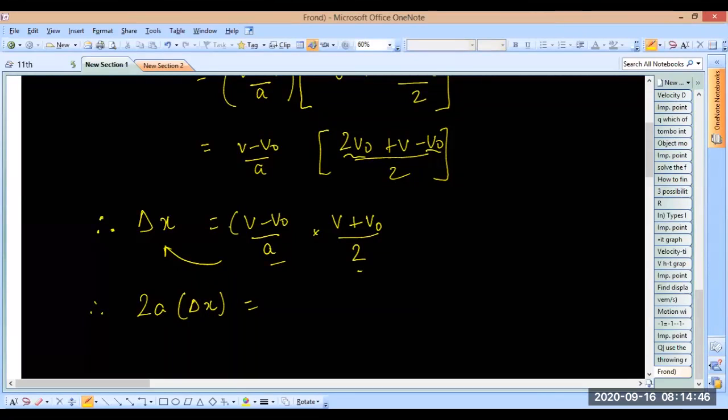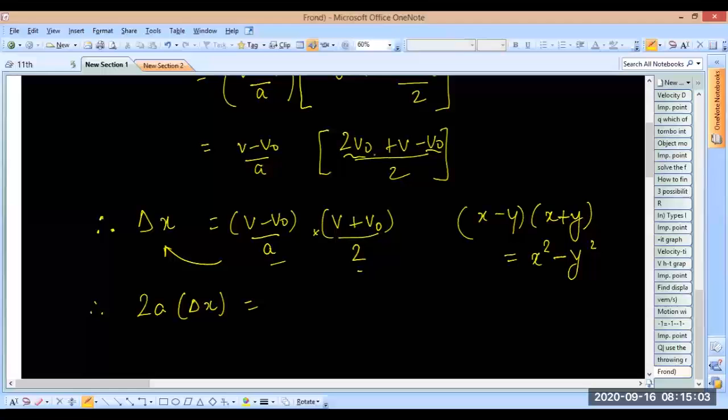Now over here, everyone, if you have x minus y into x plus y, I hope you know that this is going to be x square minus y square. This is what you would have learned. So if we apply that here, we will get v square minus v0 square in the numerator.